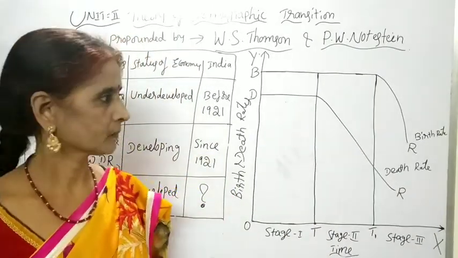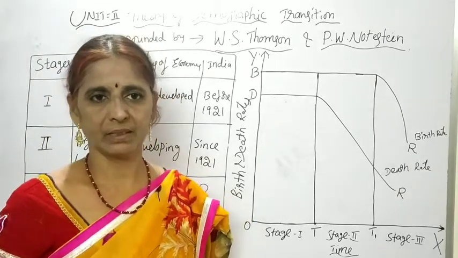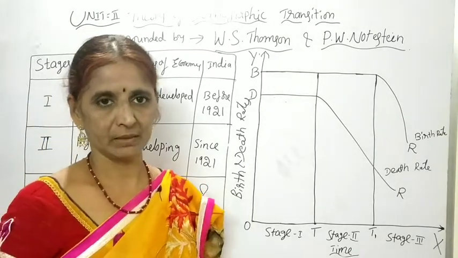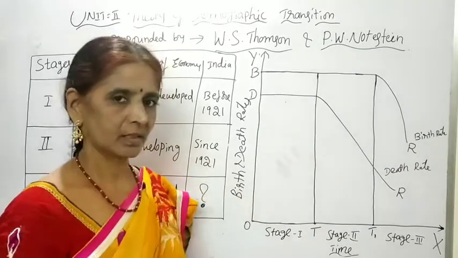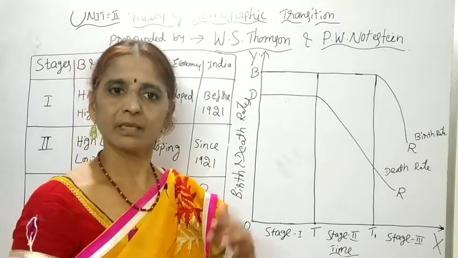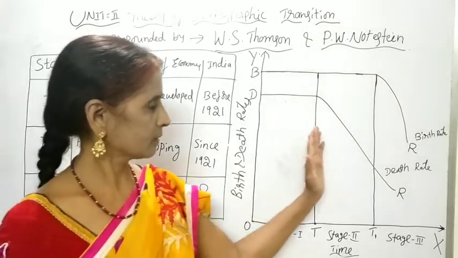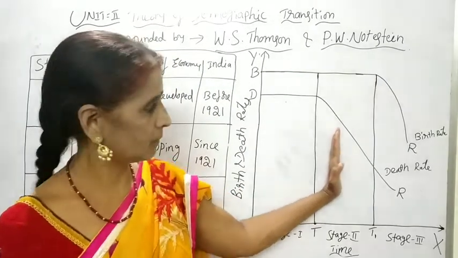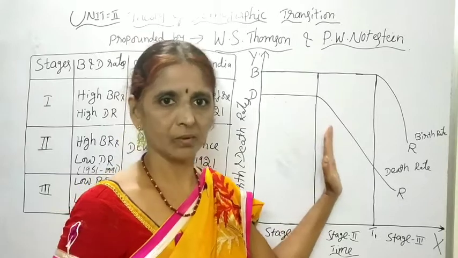The present population growth rate in India is 1.64% per annum. Before that it was 2.2 and 2.4%. So the birth rates are also declining, but it is a slow movement, not sharp. This is a dangerous stage which creates a number of problems in developing countries. Mostly we are also experiencing the same problems.